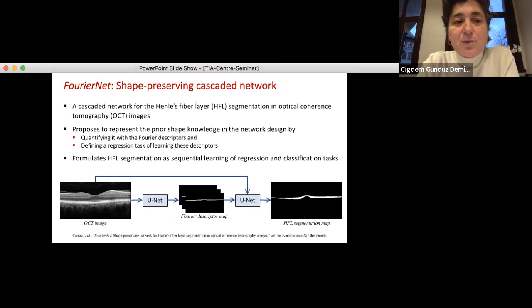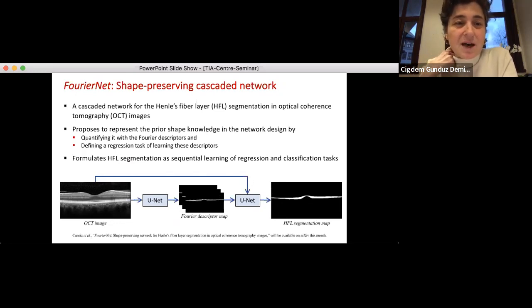It proposes to construct a cascaded network in which we estimate the Fourier descriptors from an original image in order to represent the shape-based information, the prior shape information. Then these estimations are used along with the original image to reconstruct the segmentation map.